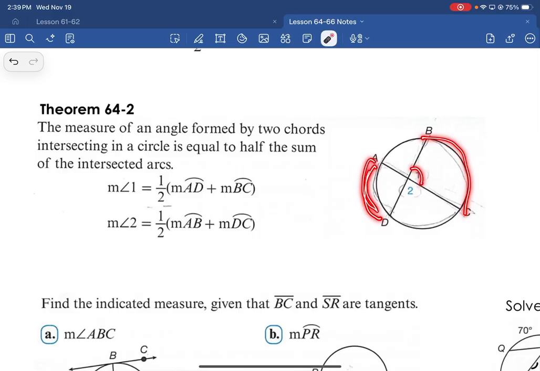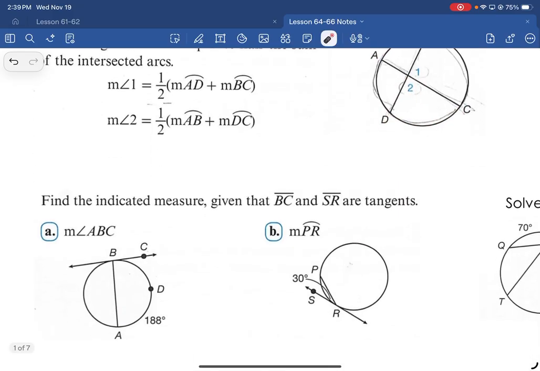I would add this and divide by 2. And also for angle 2, I would add AB and DC and divide by 2. Okay? So with this one, you'll look at this, and with this one, you'll look at this. Once again, we'll work some problems so it makes more sense to you.